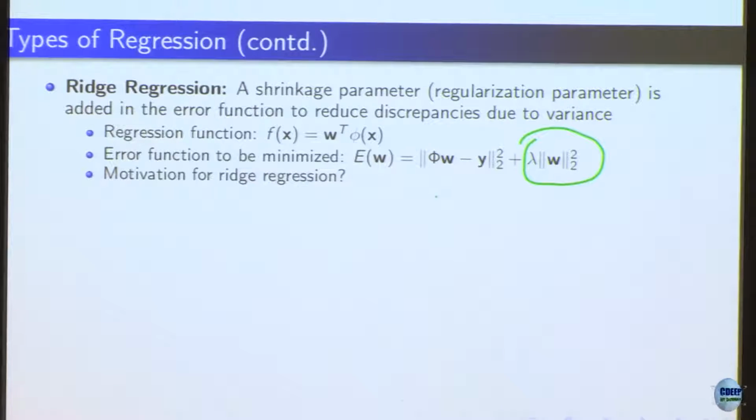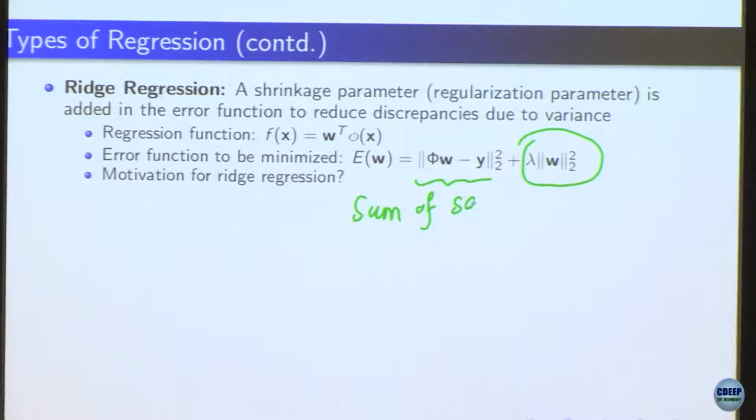You want to ensure that as you are trying to minimize the sum of squares error, you also ensure that the magnitude of the W's remains small. Here specifically we have chosen the 2 norm of W. We will see that we could also handle other norms. The 2 norm is attractive because you could compute gradients easily. The function remains differentiable everywhere.